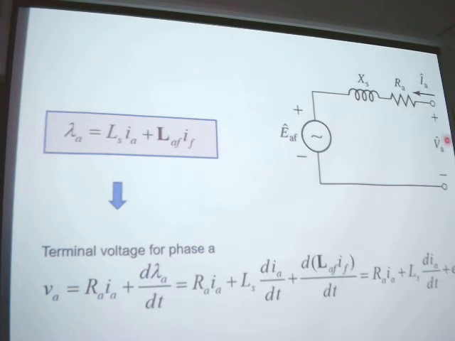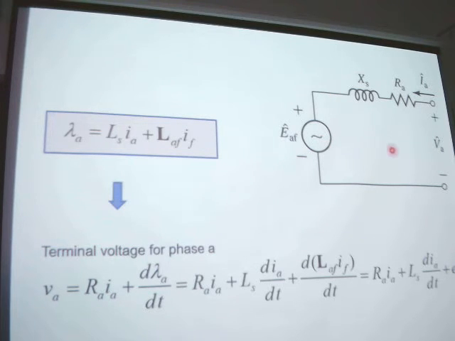The terminal voltage VS, it's just similar to the equivalent circuit of the DC motor. For the induction motor, the equivalent circuit is complicated, but for the synchronous machine, the equivalent circuit is simple, just like a DC motor.